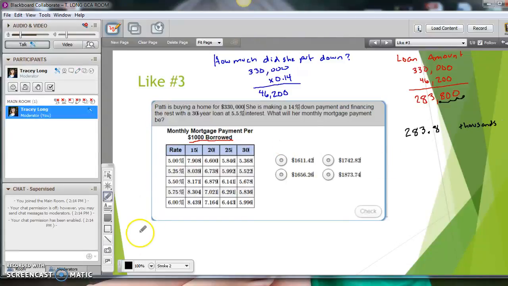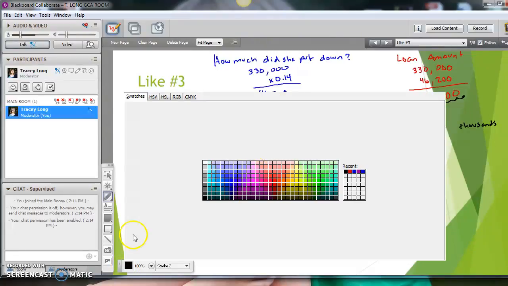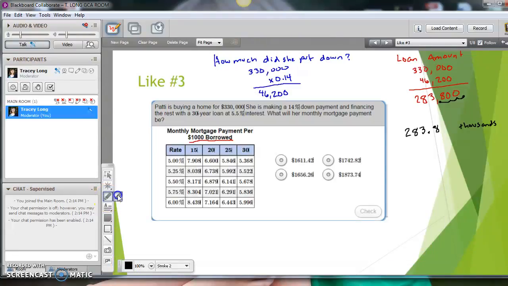And now we can use the table to find out how much mortgage she pays per thousand. It says she got a 30-year loan, so we're going to look at the 30-year column. And there's 5.5% interest, so 5.5 is going to be this row.